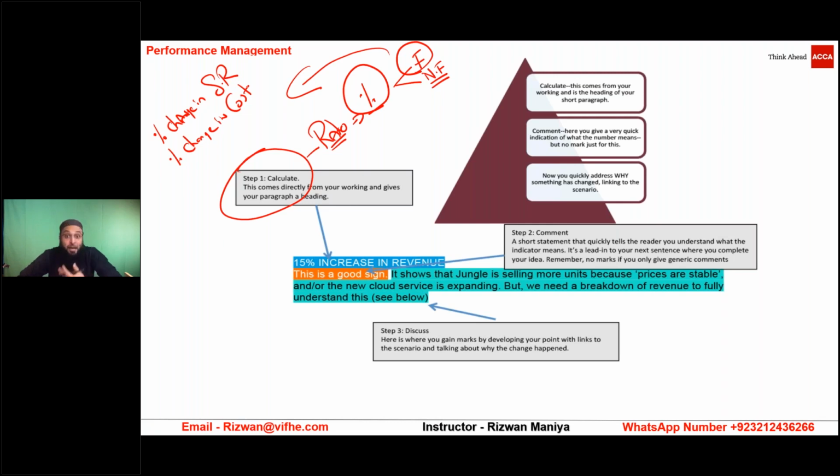Because normally in the PM paper, I would say more than 90% of the time, it's the profit and loss given in the paper with no balance sheet. Which means if there is no balance sheet, ratios like current ratio, quick ratio, inventory days, receivable days, payable days are out of question.